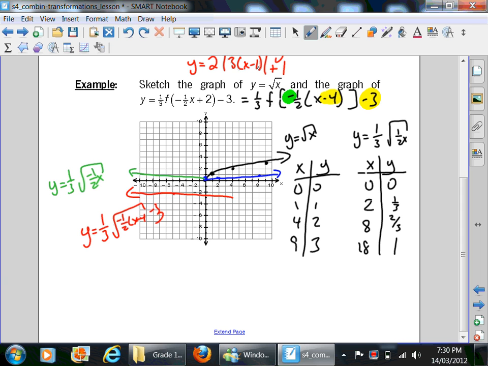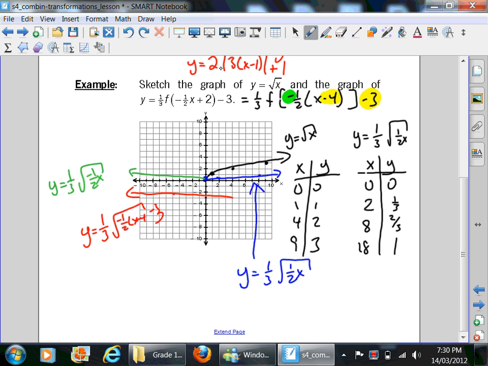And the one thing I'm missing here is I should also be labeling the blue part of this graph. This was y equals 1/3 root of 1/2 x. Make sure to label each one of your parts that make up the graph, right?